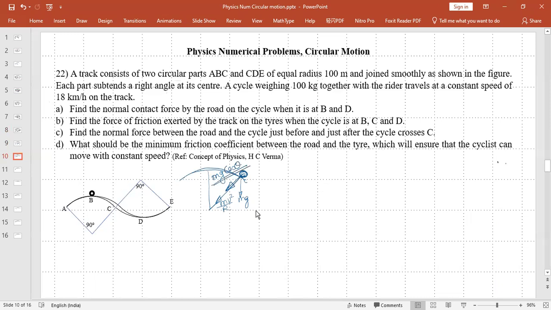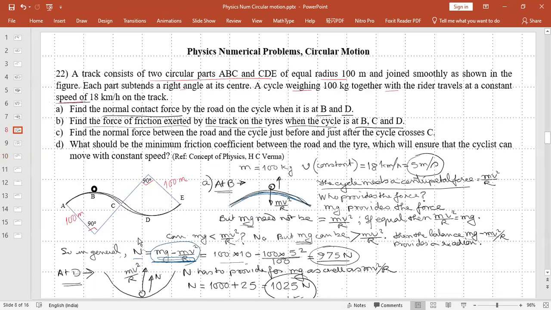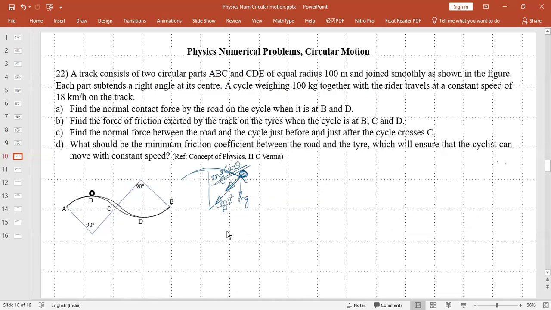So the same equation in page 1, where reaction equals mg minus mv square by r, will be used, but in place of mg, we shall use mg cos theta. That is the only difference.